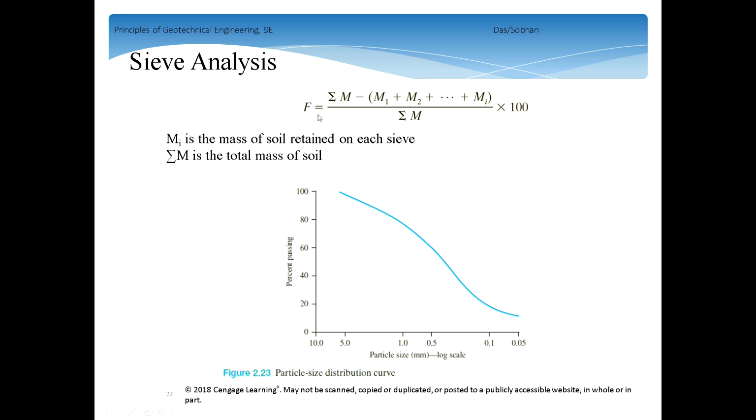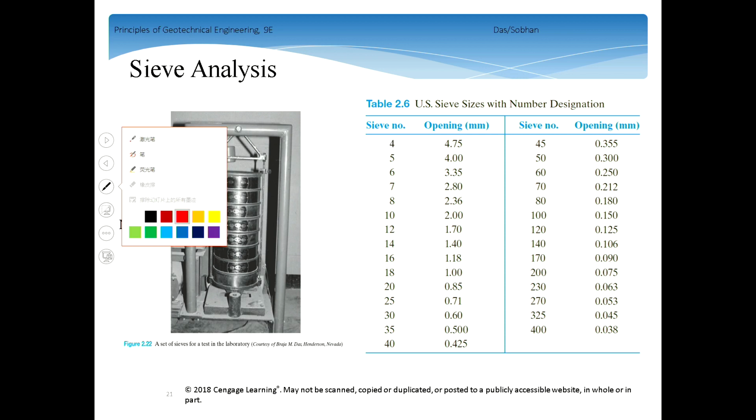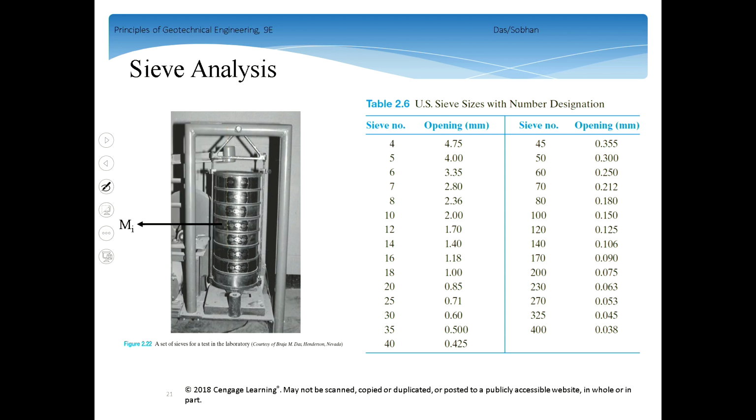And here, during the analysis, F is the percentage. So how do we calculate the percentage? As you know, you got the M in each sieve, but it is not that.